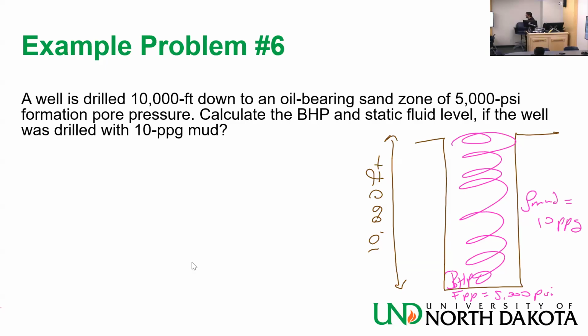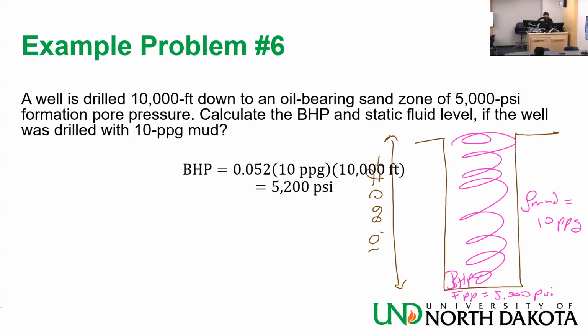BHP is the weight of the mud. I think I have the answer written, but it's a very easy calculation. Anyway, what it says is that it's 0.052 times 10 ppg times 10,000 feet, which is the vertical depth.